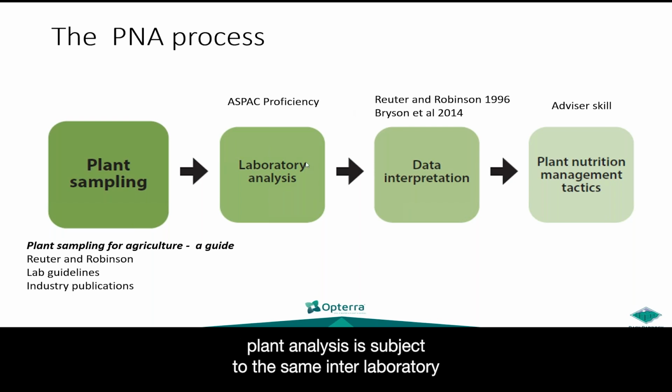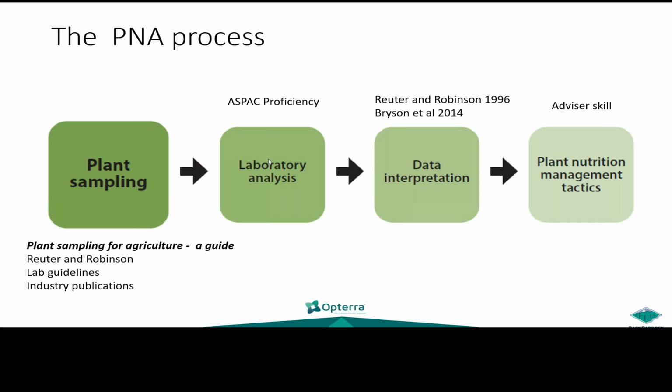Plant analysis is subject to the same interlaboratory proficiency or accreditation, so you can look that up to see which laboratories are able to do that. Interpretation guidelines, the most recent one on an international scale is a publication from the US, which is Bryson et al., which is really an update of the 1990s publication.